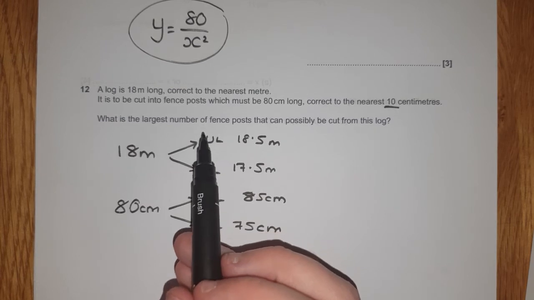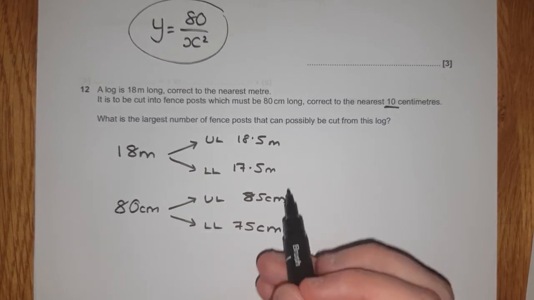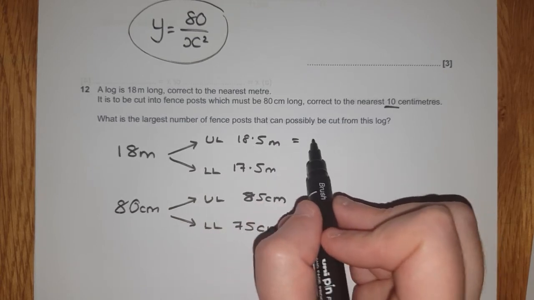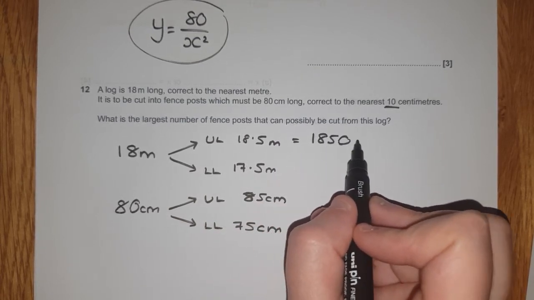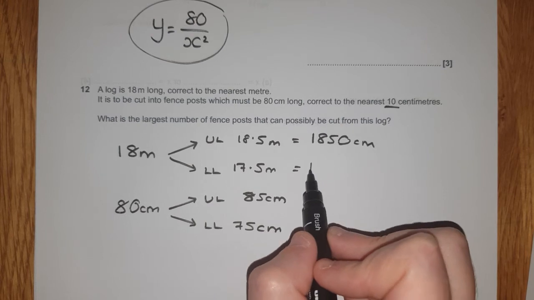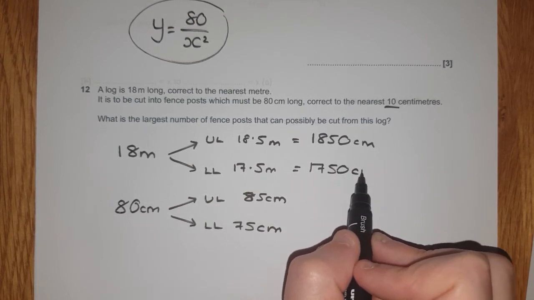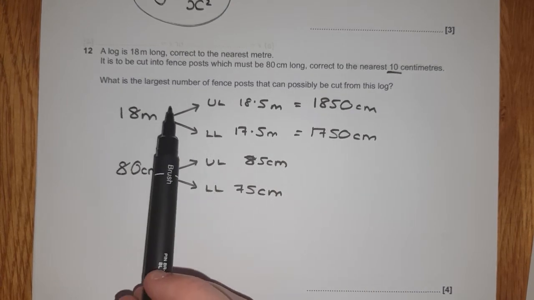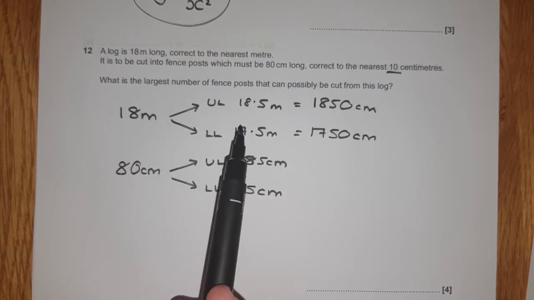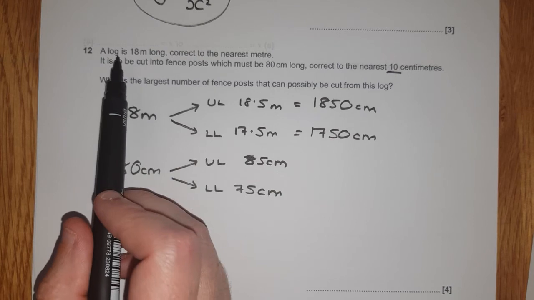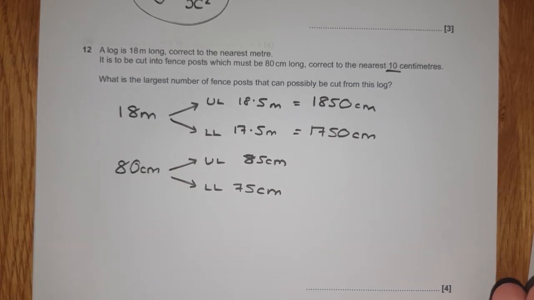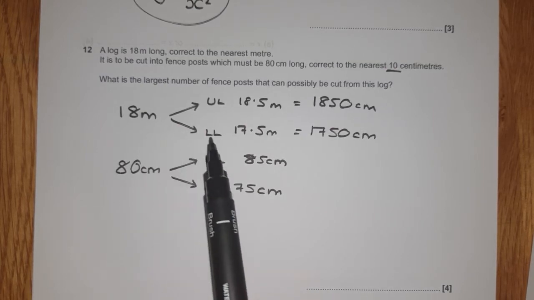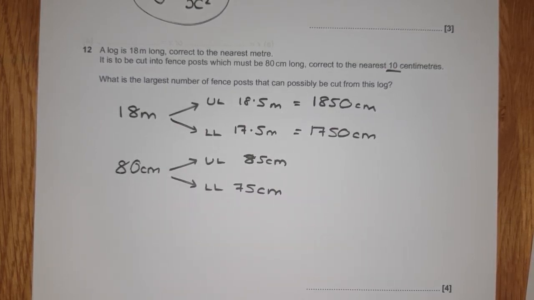So if we want the largest number of fence posts, first of all, we need the units the same. 18.5 metres, well, there's 100 centimetres in a metre, so you get 1,850 centimetres. This one, 1,750 centimetres. Now that I've got them in the same units, if I want the largest number of fence posts possible, I want to start with the original log as big as possible. And because I'm cutting it into fence posts and I want as many as possible, I want those fence posts to be as small as possible.